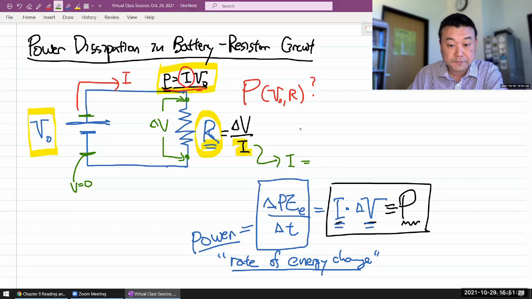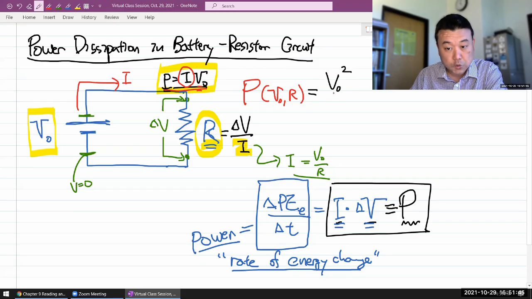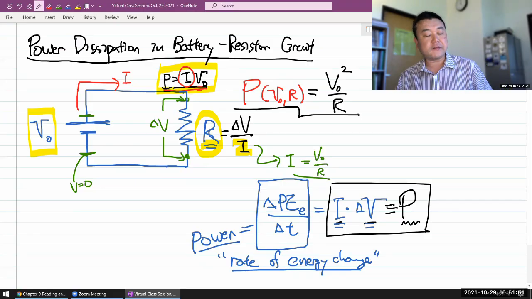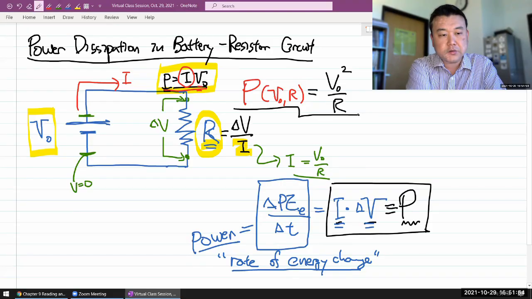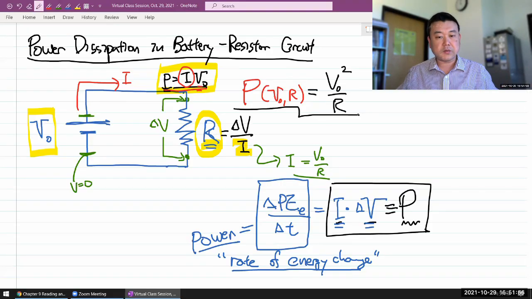It's going to be V naught divided by R. So I can plug that in here, and you get this relationship. The power dissipated in this circuit is equal to V naught over R times V naught, so V naught squared over R.